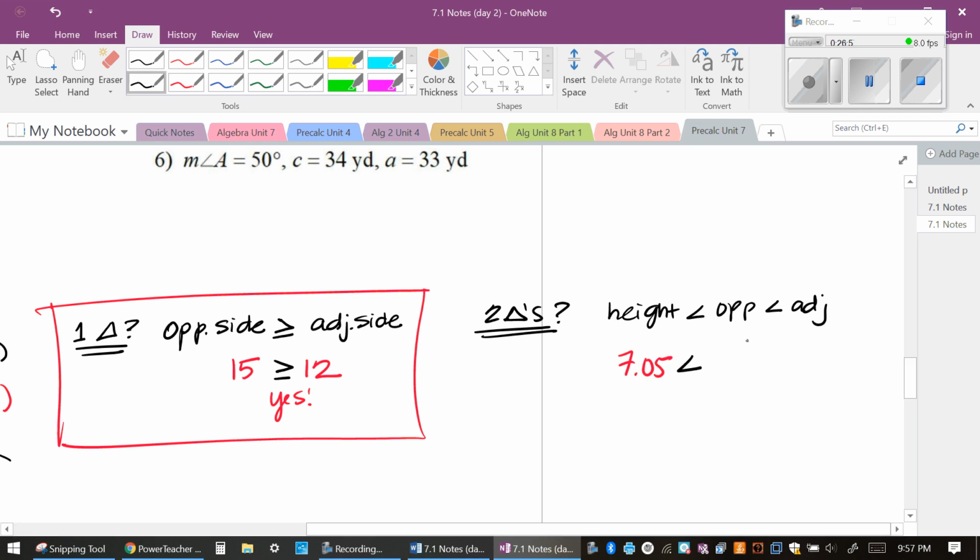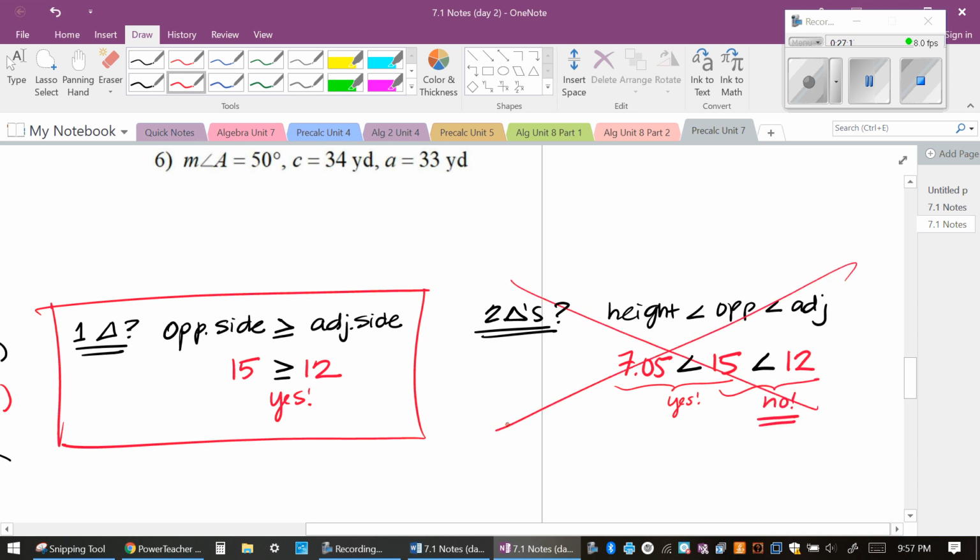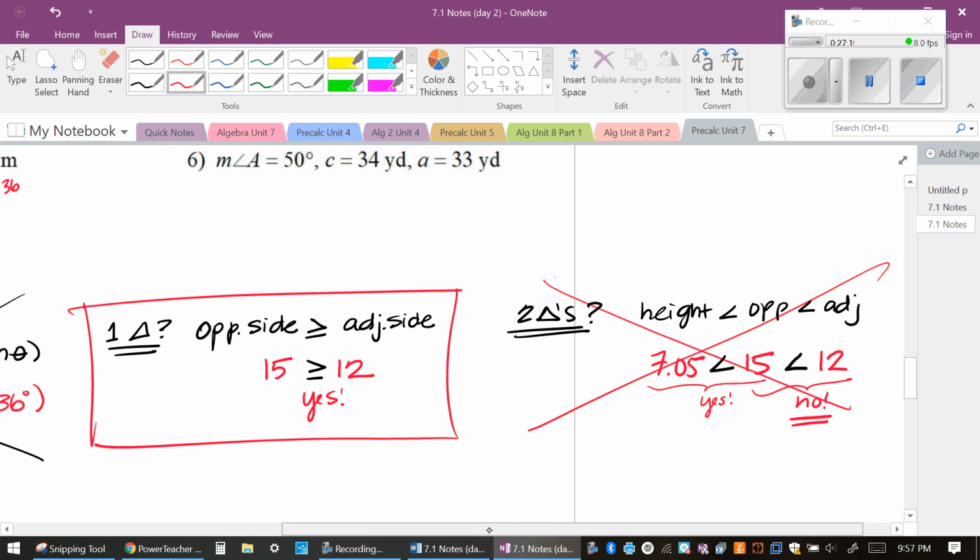I'm going to see if that's less than the opposite side, 15. That's true. But 15 also has to be less than the adjacent side, which was 12. So even though this part is true, this part is not true, which means this isn't the situation. You guys see that?